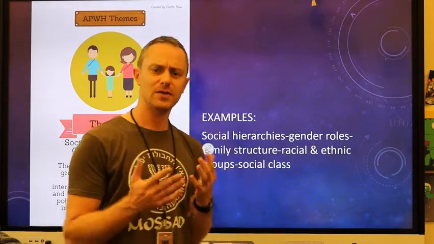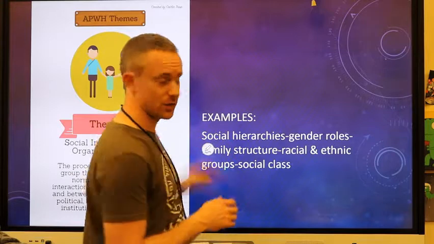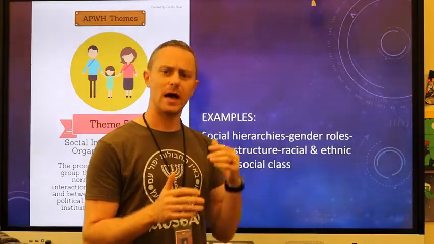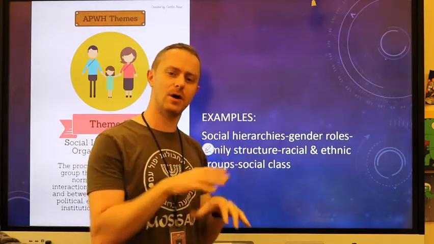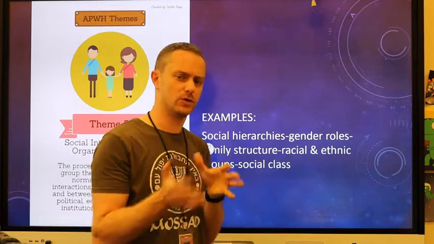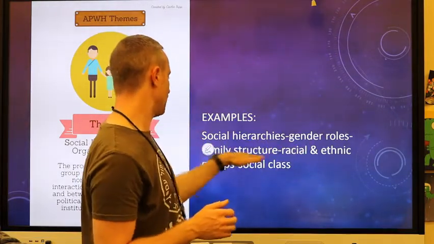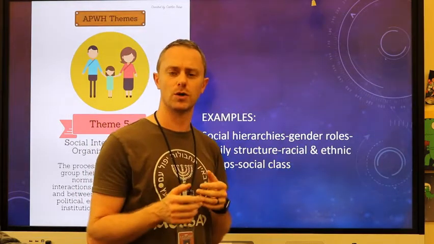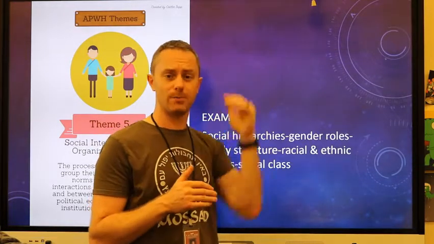So there are a lot of examples that we're going to look at throughout history. One big example that falls under this is the idea of patriarchy. Most societies, if not all, have some form of patriarchal system in place that puts men above women and most other folks in society. In addition to gender roles, there are also racial and ethnic groups. I'm going to use the New World as another example of groups that have higher importance in the society.